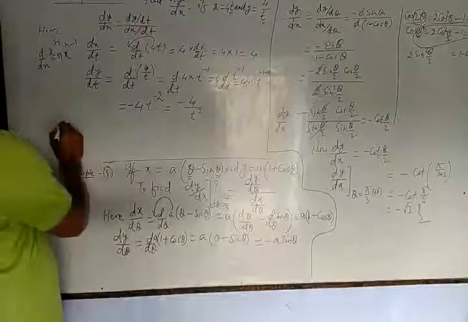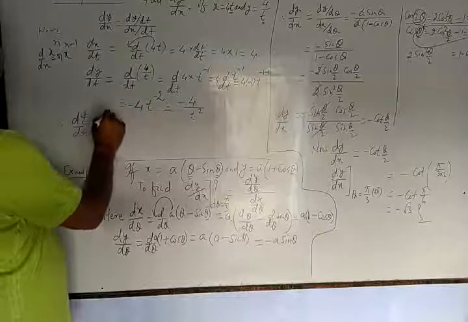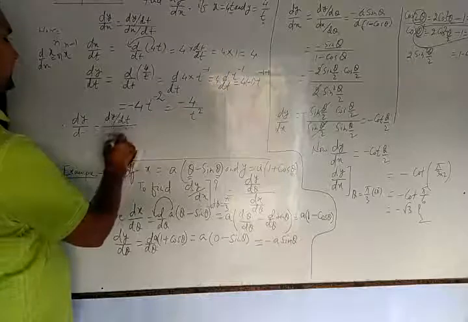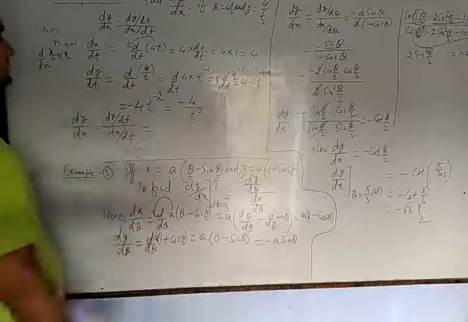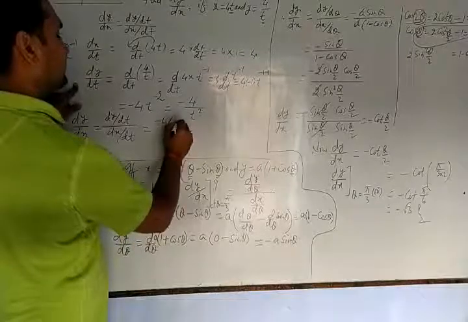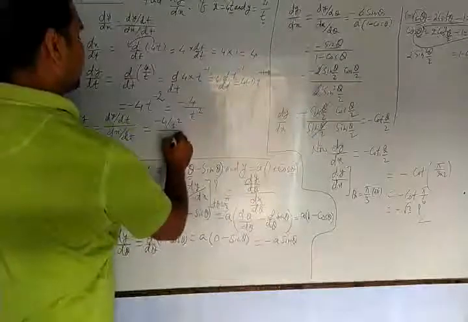So therefore dy by dx will be what? Dy by dx will be dy by dt divided by dx by dt. What will be dy by dt? Dy by dt is minus 4 by t square, divided by dx by dt, which is simply 4.